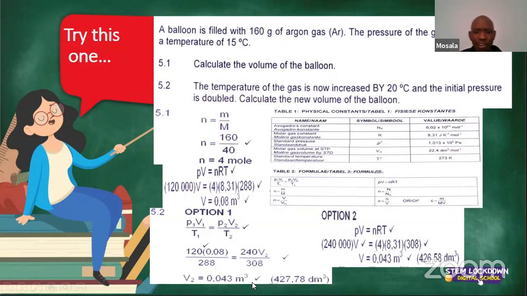Now if you are also using the equation PV equals nRT, look what is interesting here: when we use this equation, we are saying 240, so this is 240,000 pascals.